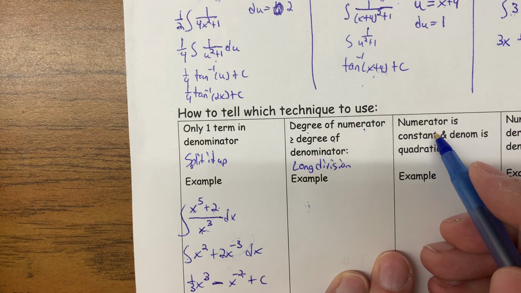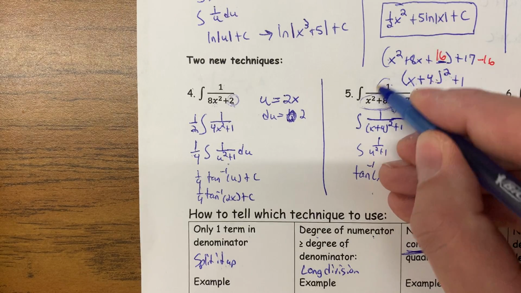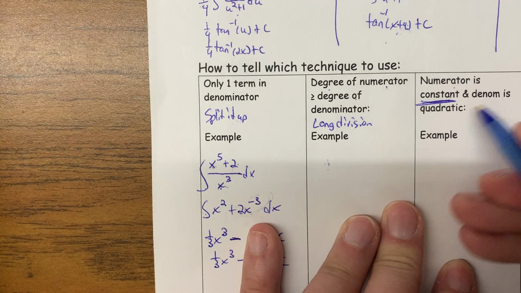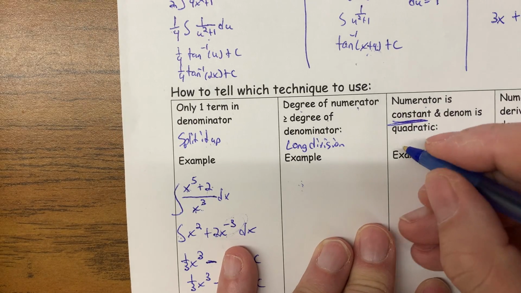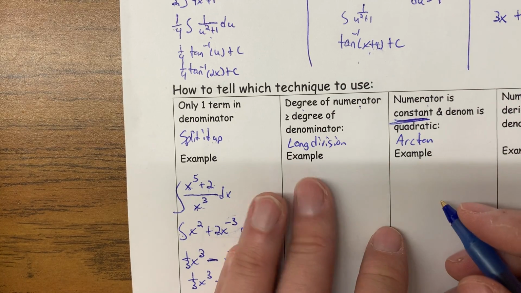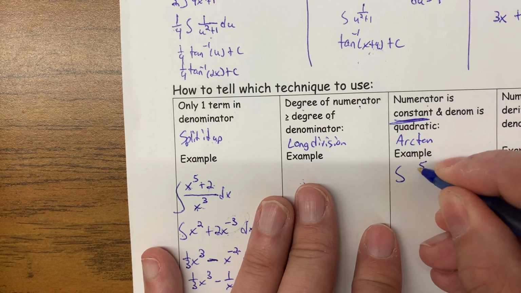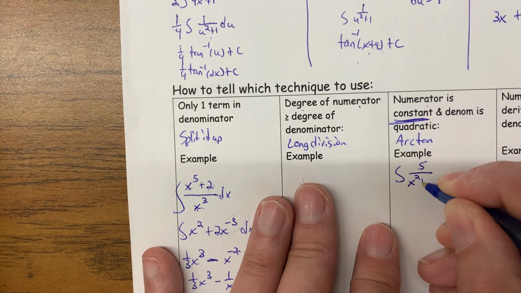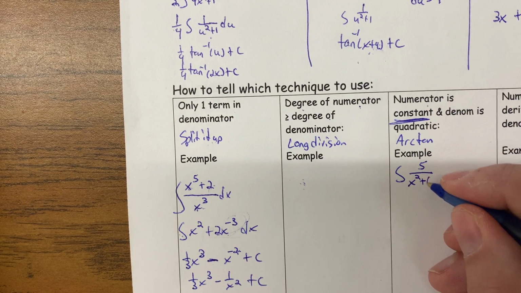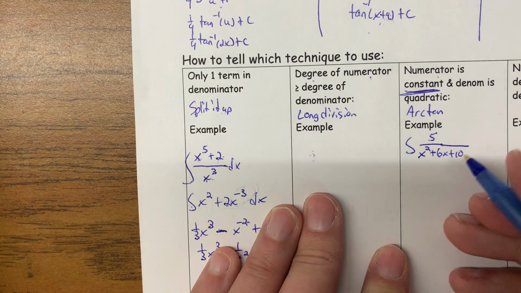Okay, the numerator is a constant. If the numerator is a constant and the denominator is quadratic, then we can use arctangent, sometimes with u substitution. So let me see if I can come up with an example on this. The integral of 5 over x squared plus 6x plus 10 seems like a good example to me.